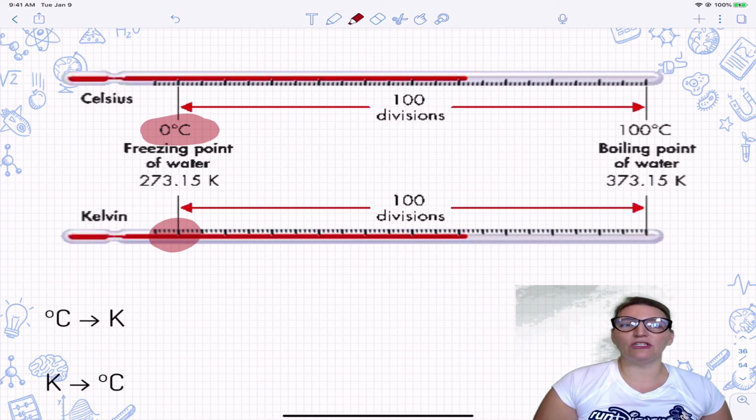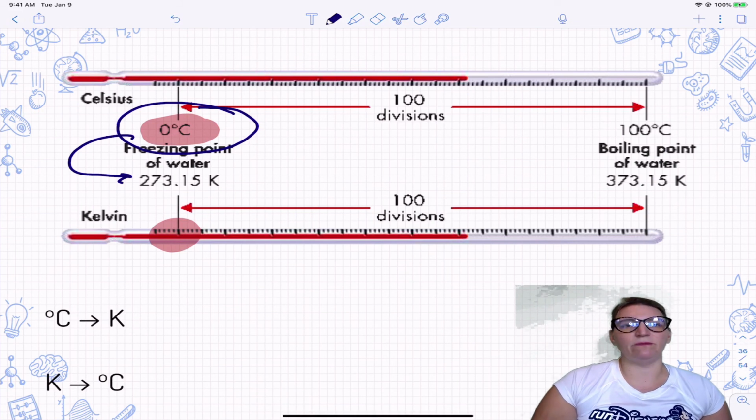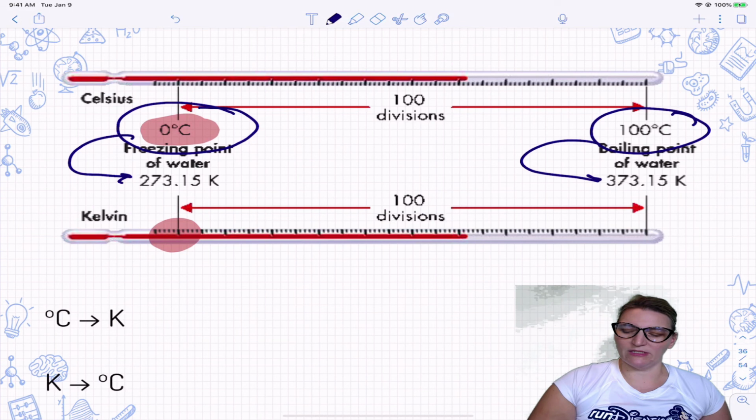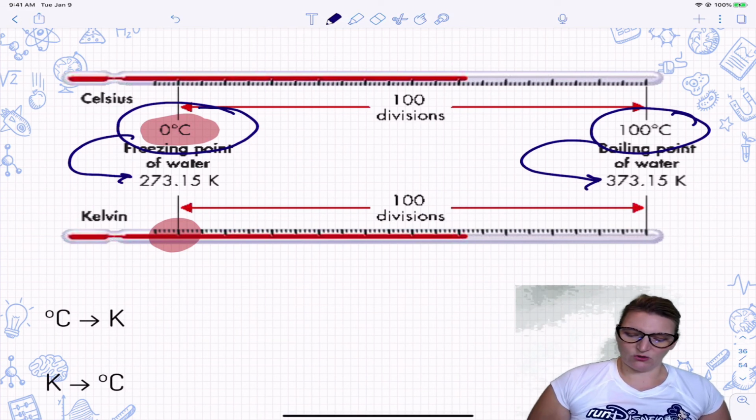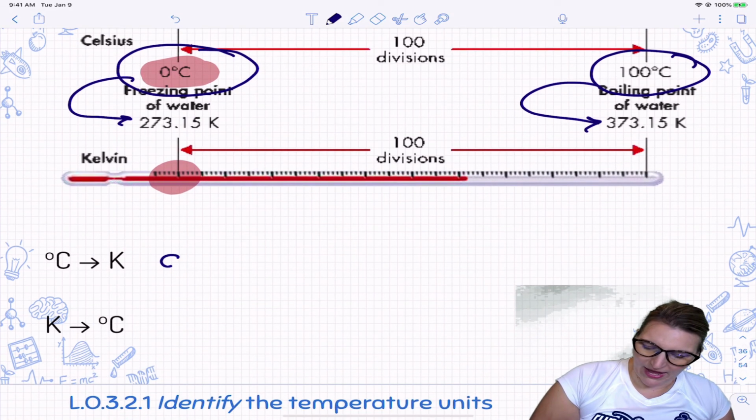All you need to do is add or subtract 273.15. Notice 0 degrees Celsius, the freezing point of water, is 273.15 in Kelvin. 100 degrees Celsius is 373.15 in Kelvin.